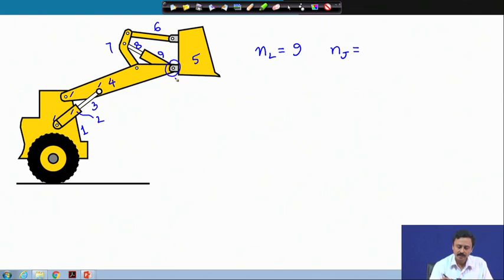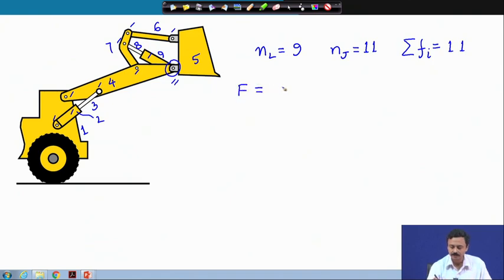Here there are 2 kinematic pairs 5, 6, 7, 8, 9, 10, 11. Therefore, number of joints is 11 and summation of degree of freedom of each joint, as you can see, each kinematic pair has actually 1 degree of freedom. Therefore, the total degree of freedom of all the kinematic pairs taken together is also 11.